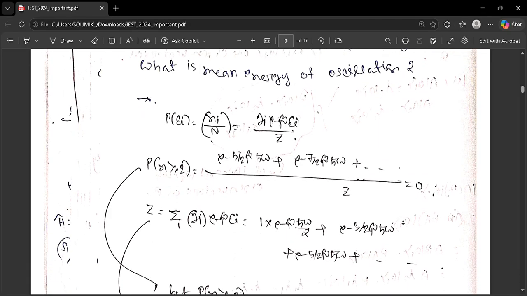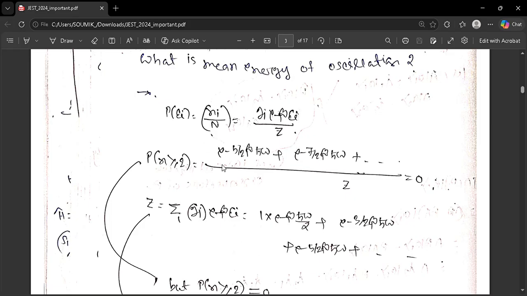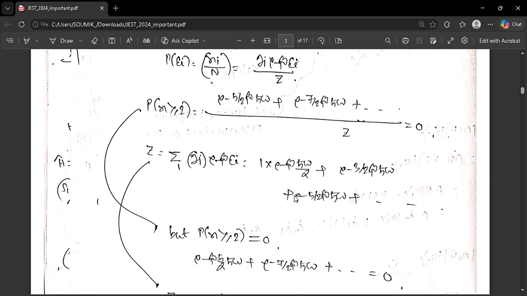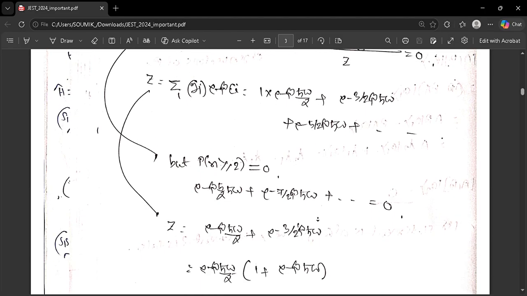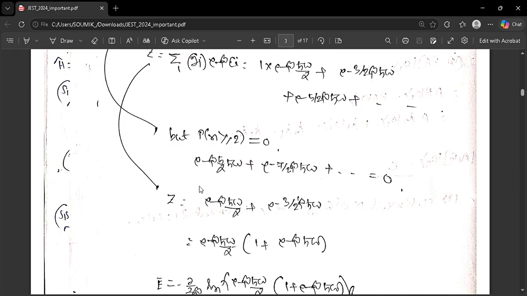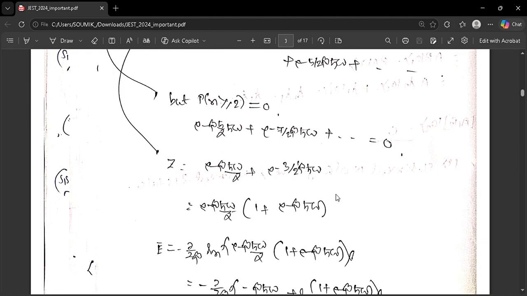So from this, e to the power minus 5/2 beta h-bar omega for n greater than 2, all terms are 0 in probability. So when we write the full partition function, only the first two terms, n equal to 0 and n equal to 1, will contribute. So the partition function is now like that, and we have to be careful.